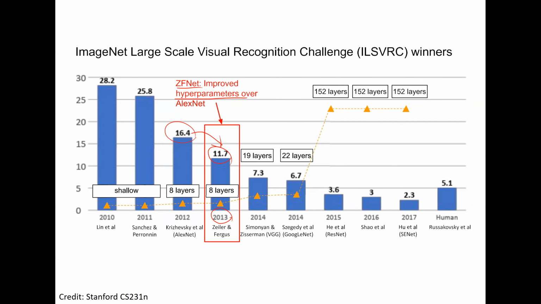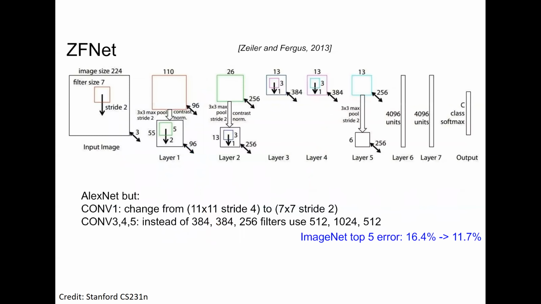However, they changed the hyperparameters and found the best combinations for the performance. So rather than using 11 by 11 with stride 4 as the conv1, they changed it to 7 by 7 convolution with stride of 2. And they also changed the number of channels, or the number of filters, for convolution 3, 4, and 5.